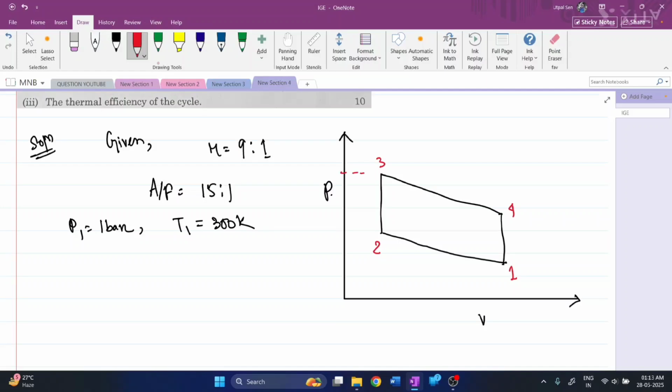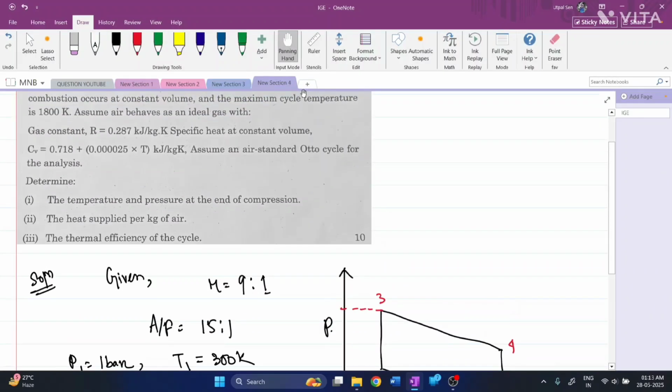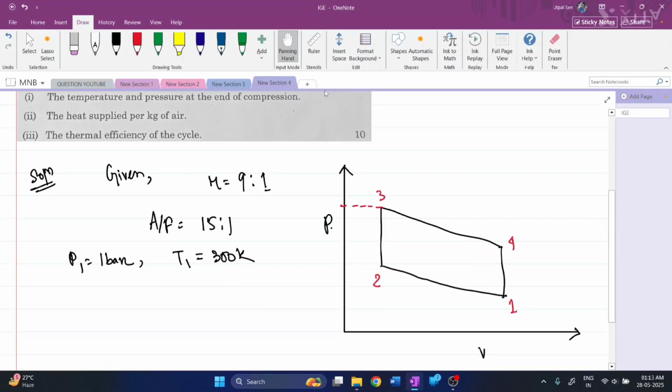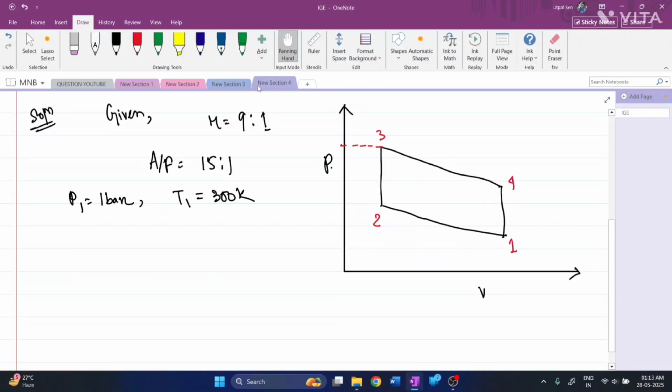Point 4. I will identify point 3 for understanding. That is the maximum point, as it is given in the question that the maximum temperature in the cycle is 1800 Kelvin. In the engine, when there is maximum pressure within the cylinder, at that point there will also be maximum temperature.